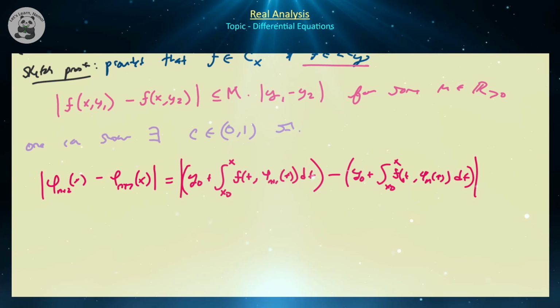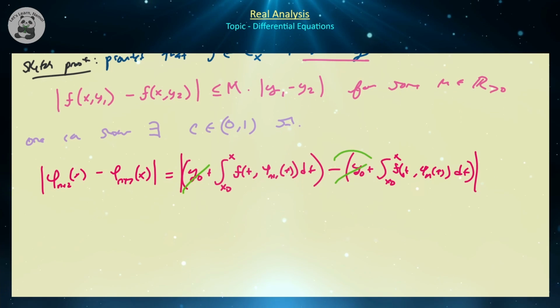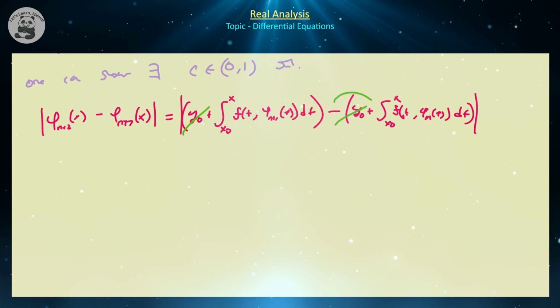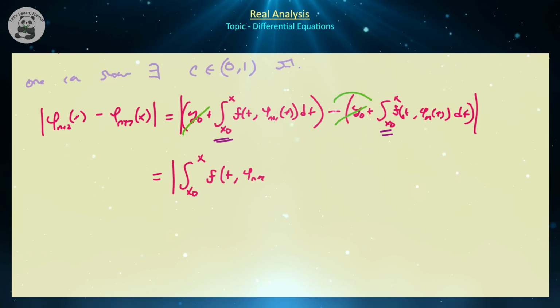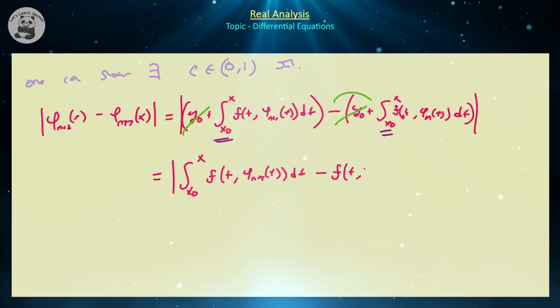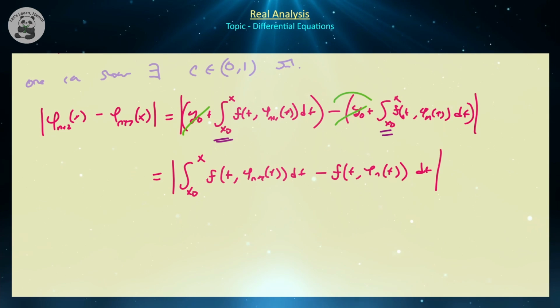Notice that these y0s will eliminate, and that negative sign will subtract. And notice that these integrals have exactly the same boundary. So we can write this as the absolute value of the integral from x0 to x of f of t, phi m plus 1 of t dt minus f of t, phi n of t dt. And that's going to be our integral.